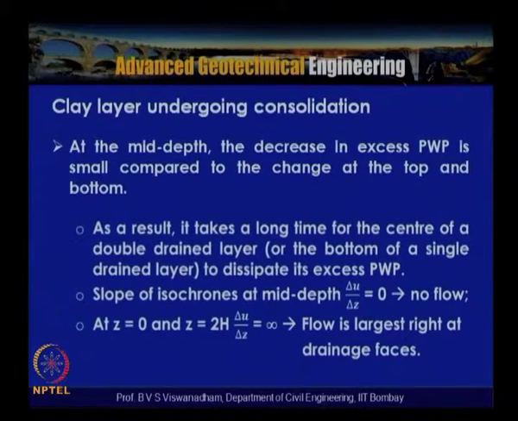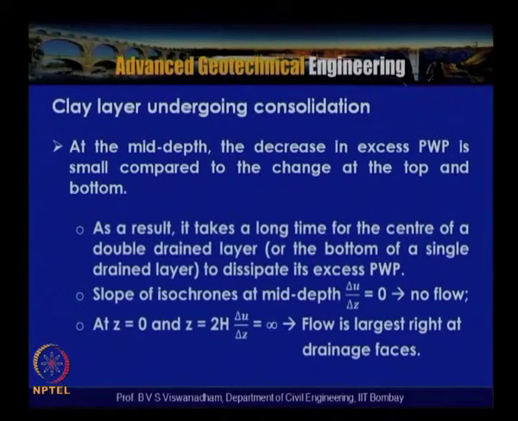At the mid depth, the decrease in excess pore water pressure is small compared to the change at the top and bottom. So what we are trying to explain is that it takes a long time for the center of a doubly drained layer, or the bottom of a single drained layer, to dissipate the excess pore water pressure. The slope of the isochrones at mid depth, delta u by delta z, is almost equal to 0, and no flow condition occurs.